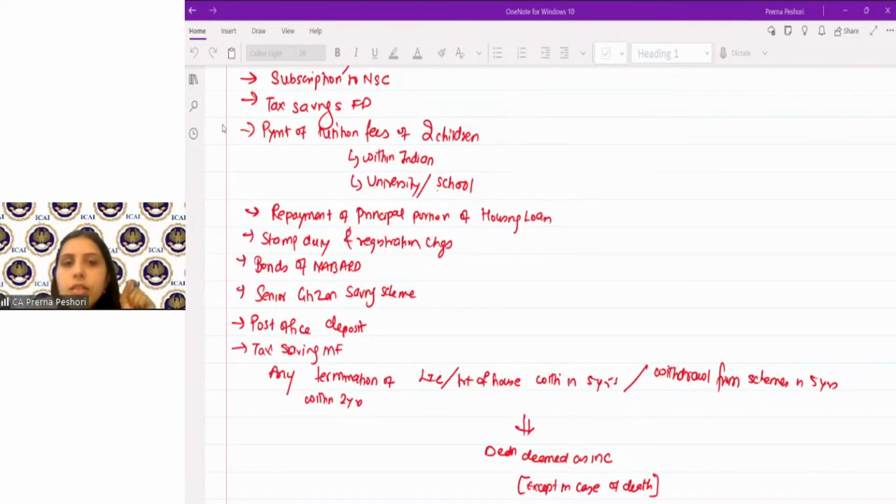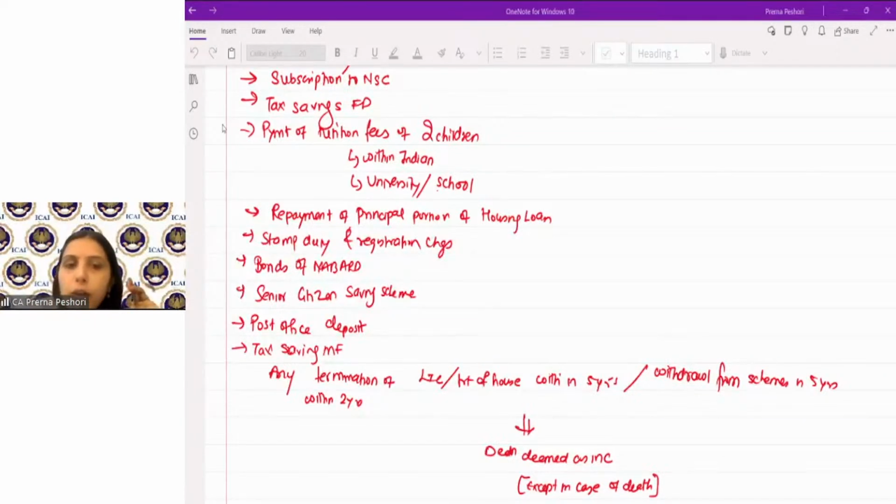So any sum received under LIC is exempt. However, exemption would not be available if the premium payable for any of the years exceeds 10% of the actual sum insured. And where the insurance is on the life of a person with disability, as referred to in 80U, or a person who is suffering from disease as referred under 80DDB, then the premium should not exceed 15% of the sum insured. Right?